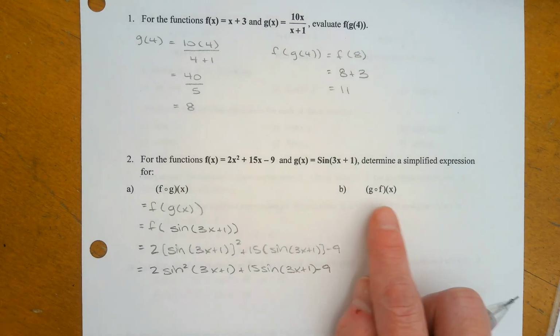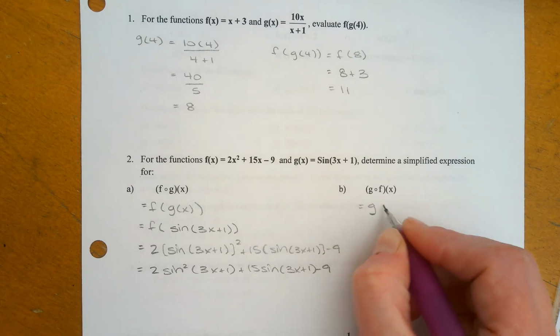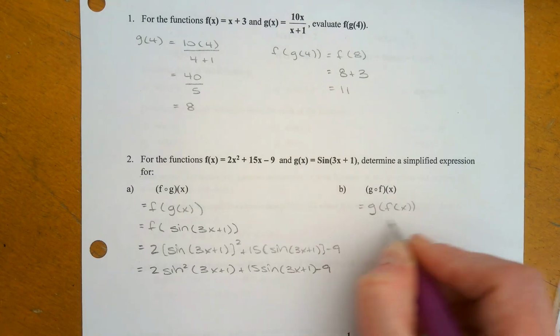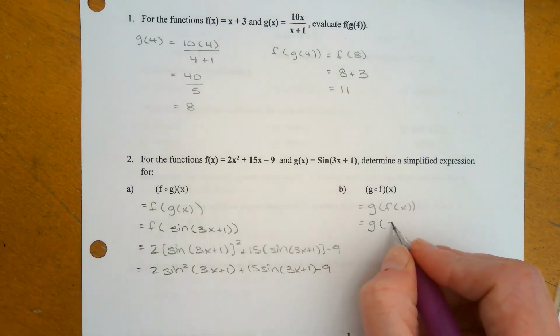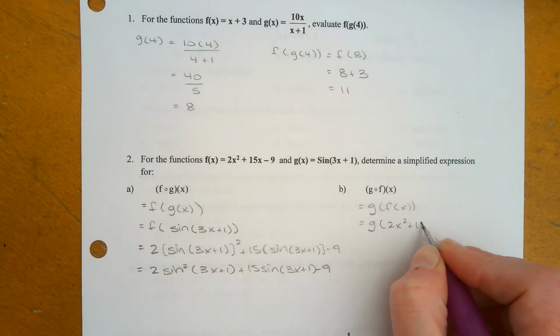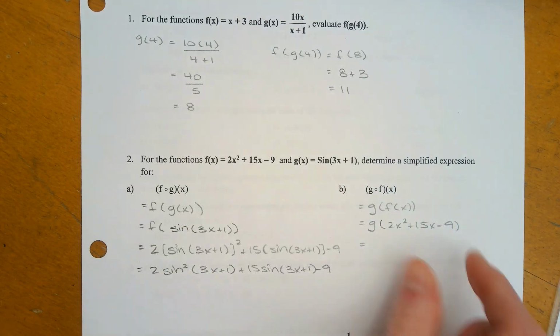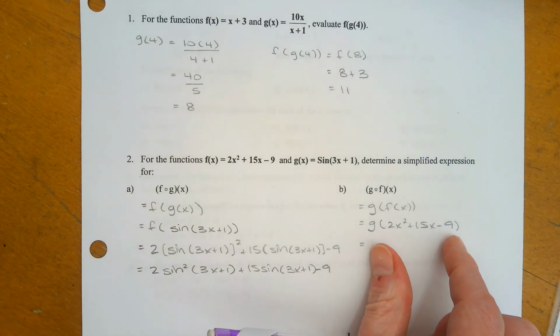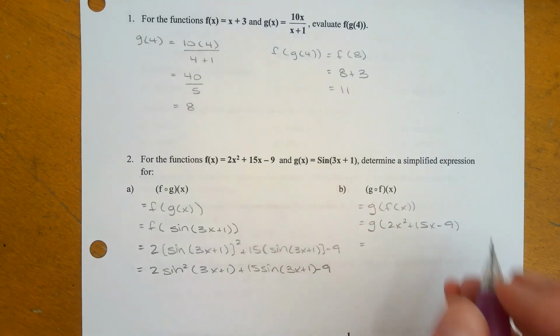Now I want to do the reverse. I want to do g of f of x. So I can rewrite this as g of the function f of x. I'm going to replace f of x with 2x squared plus 15x minus 9, and plug this into the g of x function wherever I see an x.